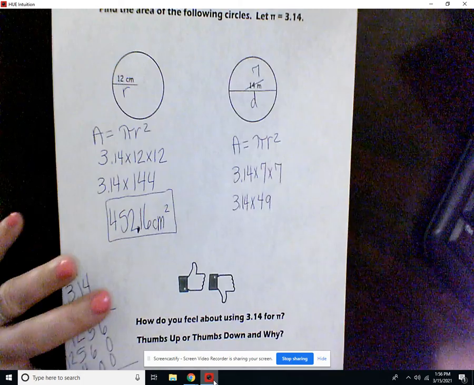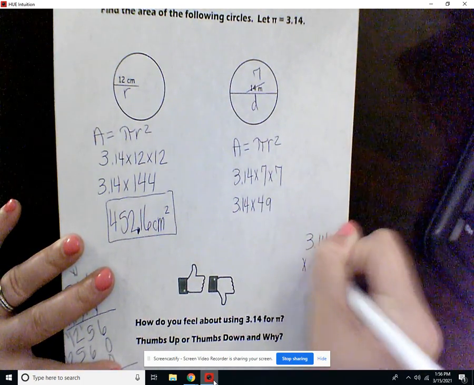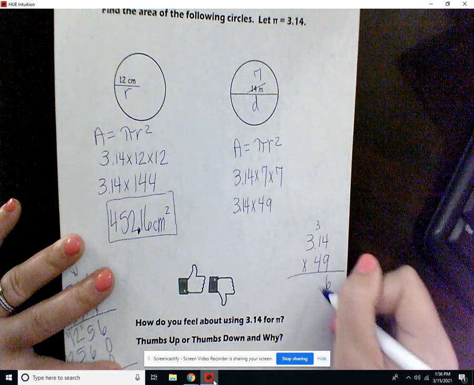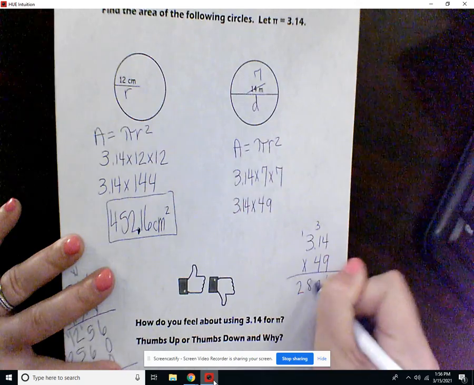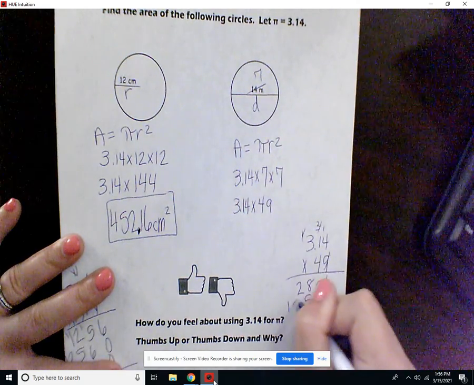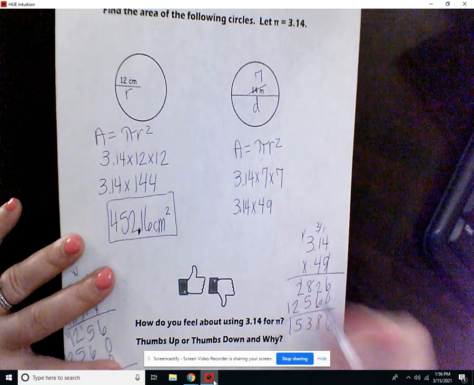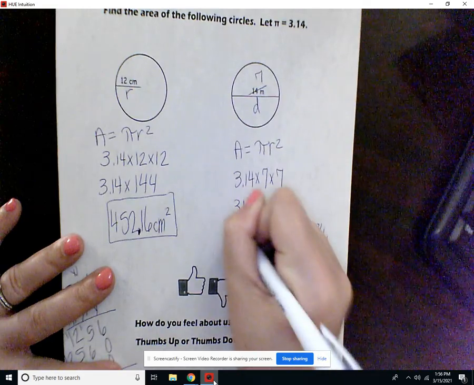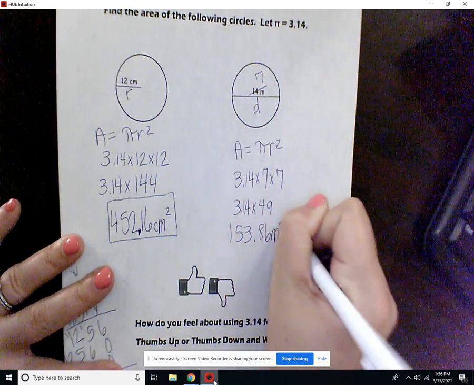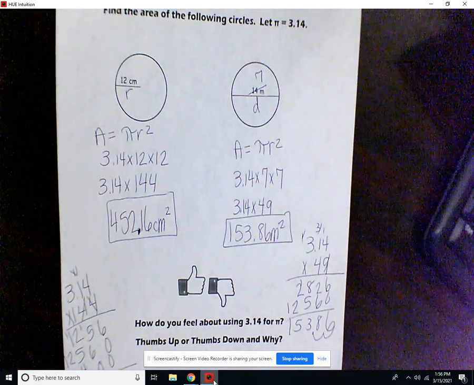And we'll do 3.14 times 49. That will give us our answer, which is 153.86 meters squared. We will be getting a lot bigger numbers this time than we did with circumference.